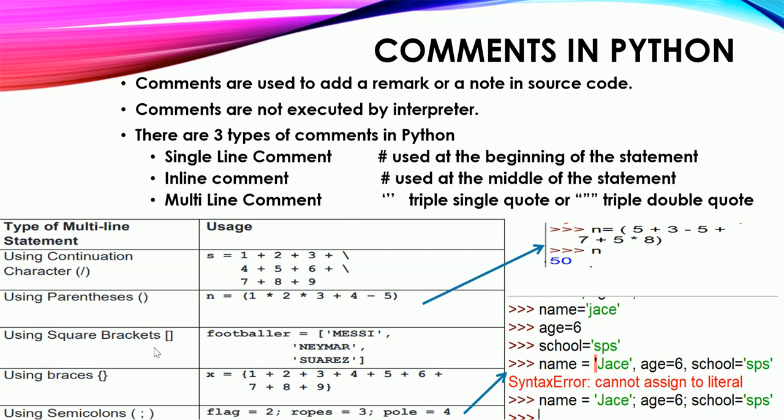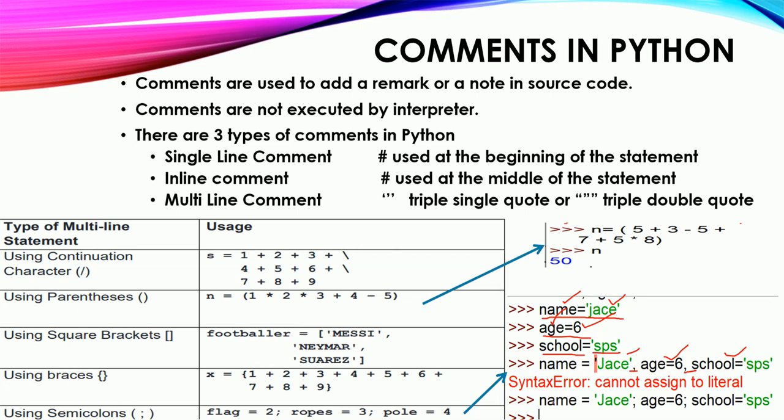Now using the semicolon. This is the example. Suppose I write name equal to 'Jess', age equal to 6. Now it is a single line. Name is a variable, age is a variable, and the values are Jess and 6; school is a variable too. Suppose I want to write in a single line name equal to Jess, age equal to 6, school equal to SPS using commas.